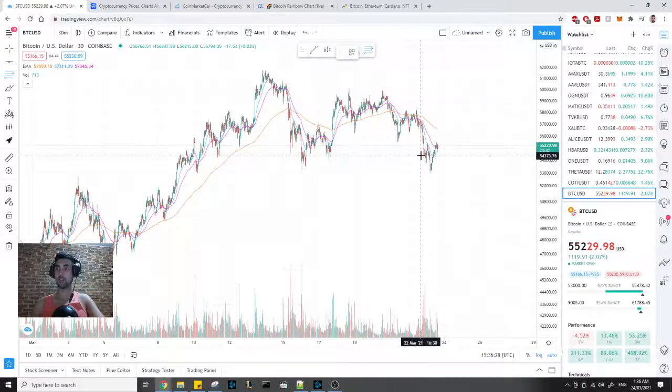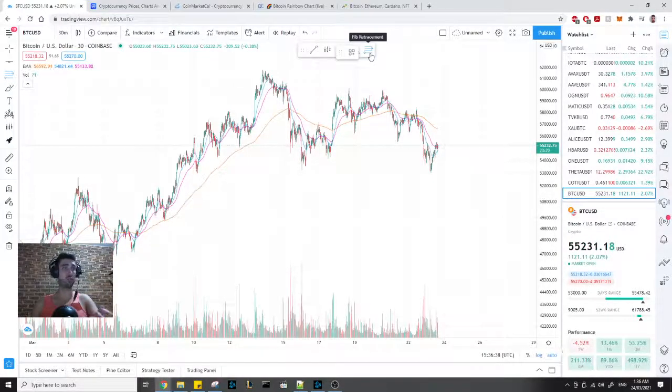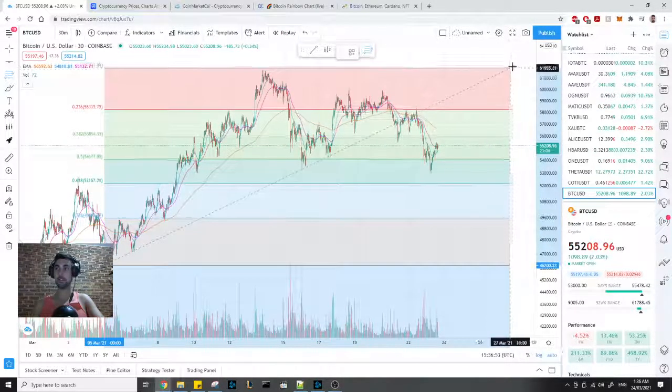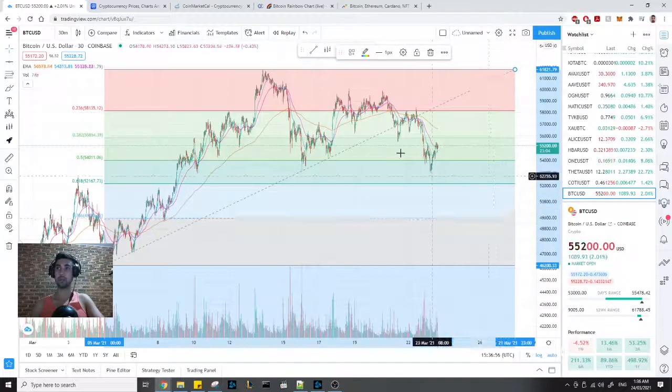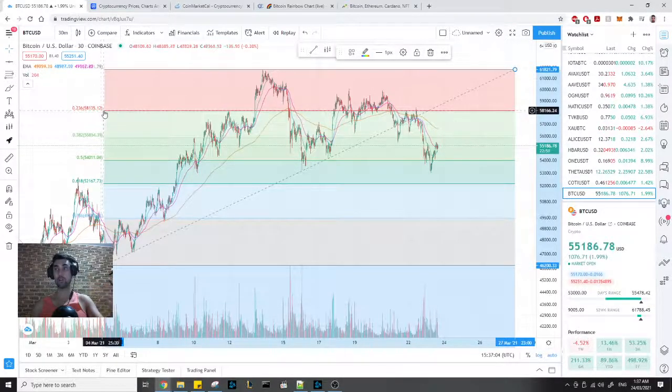The last one here, which I'm still learning how to use, is this Fibonacci retracement. In all the different channels that I have been looking at, they do seem to be using this tool quite a bit, and they will use it in different cases. From what I can see, you basically use this tool by graphing from the lows to the highs, and it'll actually give you some key Fibonacci horizontal support and resistance lines that you can then work off.